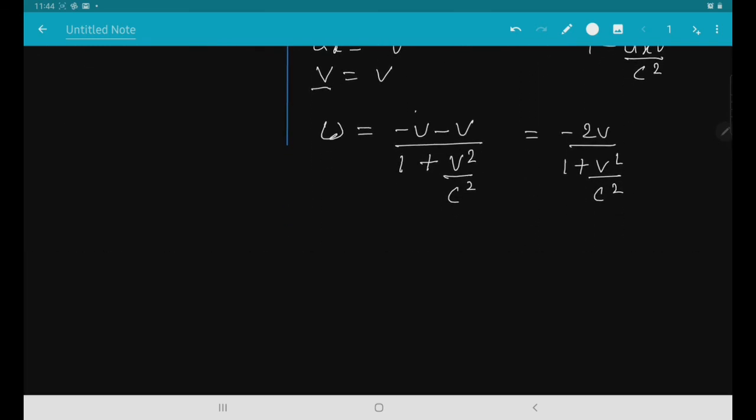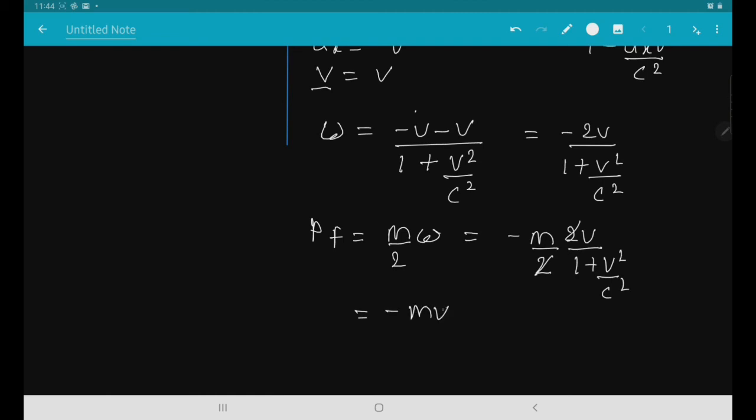Now, let us replace this value into the equation for final momentum, which is m by 2 into w. This will be minus m by 2, with w being 2v divided by 1 plus v square by c square. We can cancel these two. Finally, we will get minus mv divided by 1 plus v square by c square.